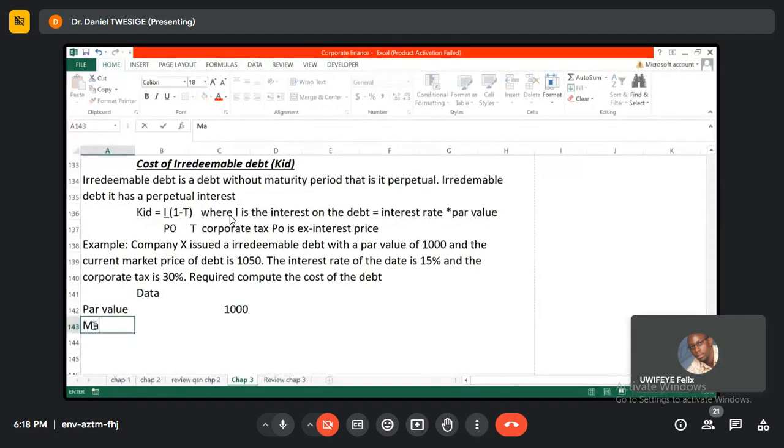I have the market price, my P0, which is 1,050. I have an interest rate on the debt, which is 15%, and what else do I have?